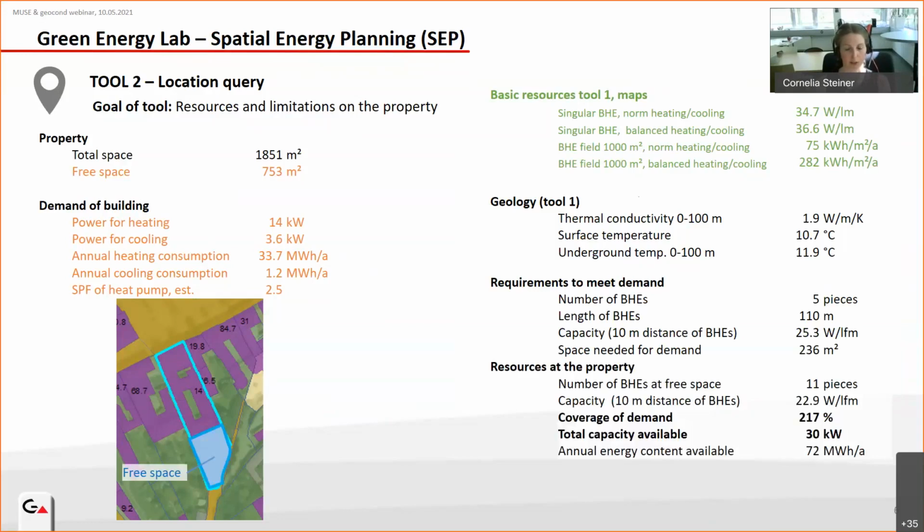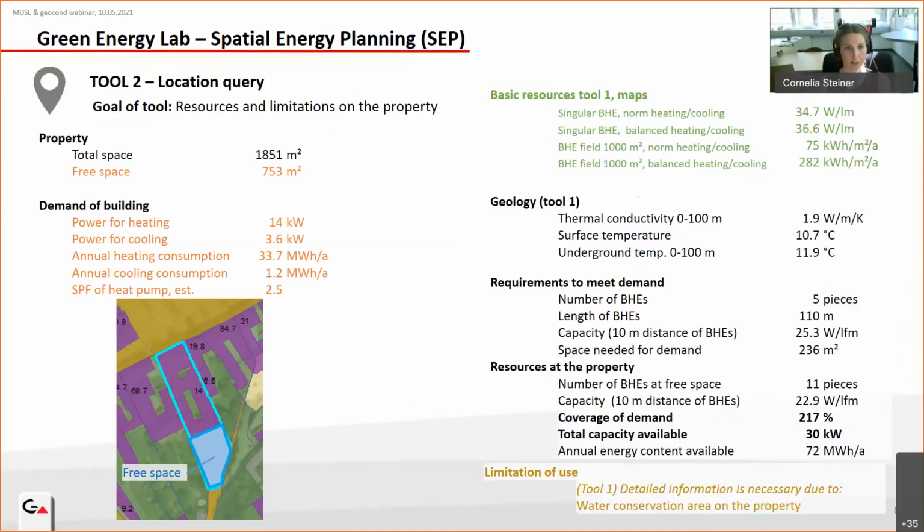And then we take a look at the resources that are available at the property. So we calculate how many boreholes you can actually set up on the free space that is available. And then we combine these two calculations to come up with the coverage of demand.